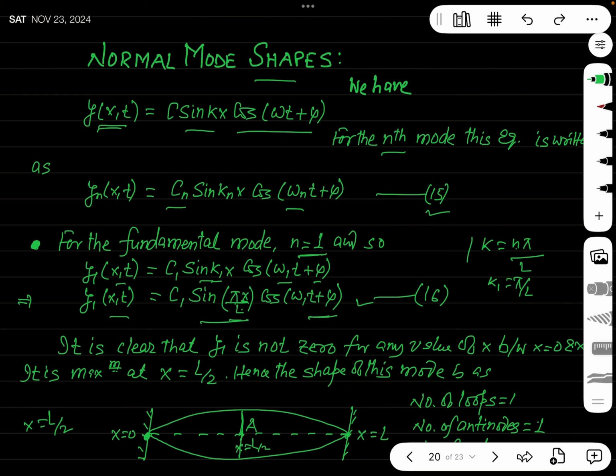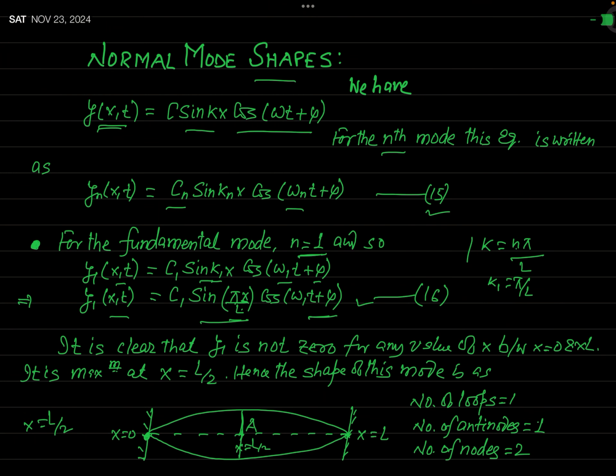Now the region between two successive nodes is called a loop. So here there is a node at x equal to 0 and x equal to L, so the region between them is called a loop. In the fundamental mode, our string vibrates in only one loop. You can see I have marked these important facts here.